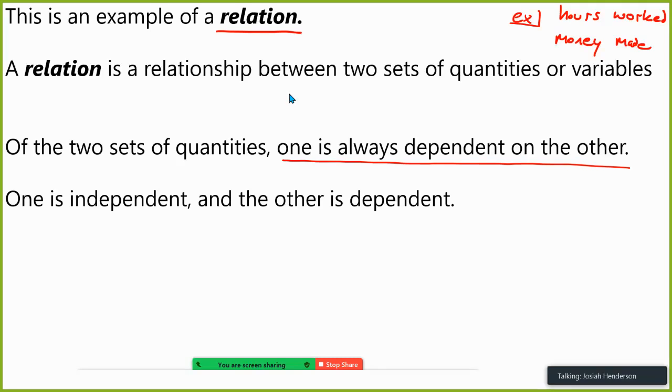One is independent, and the other is dependent. So I want you to think of independent as the one that comes first, the variable that happens first.